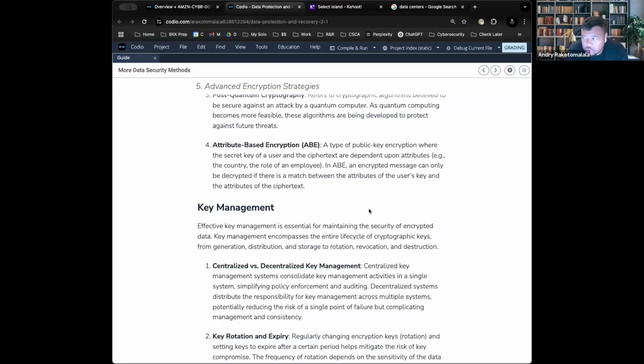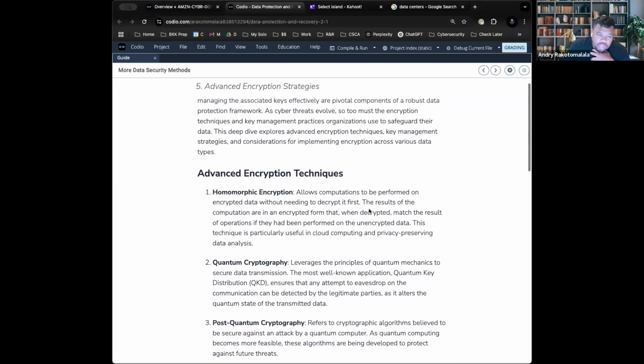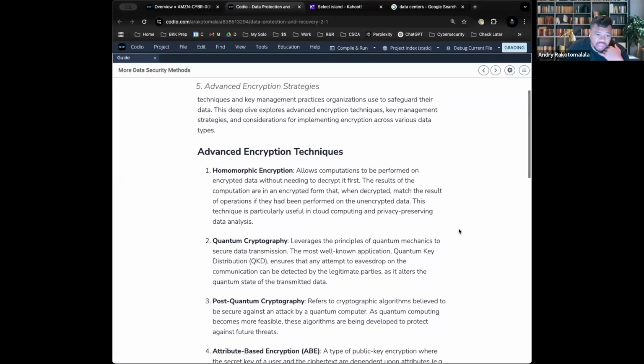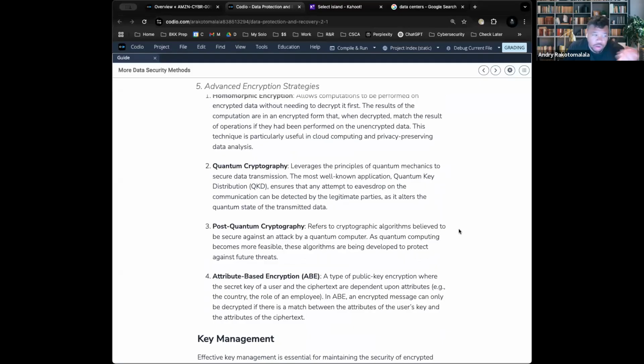So let's say it's your role, maybe what country you are, maybe a certain email address, like at google.com, at intuit.com. Those are attributes that can be used as an encryption key and encryption pattern to unlock and lock information. So these are all different types of encryption. Now, will you need to dive this deep when it comes to encryption? That's on you, depending on what role you do.